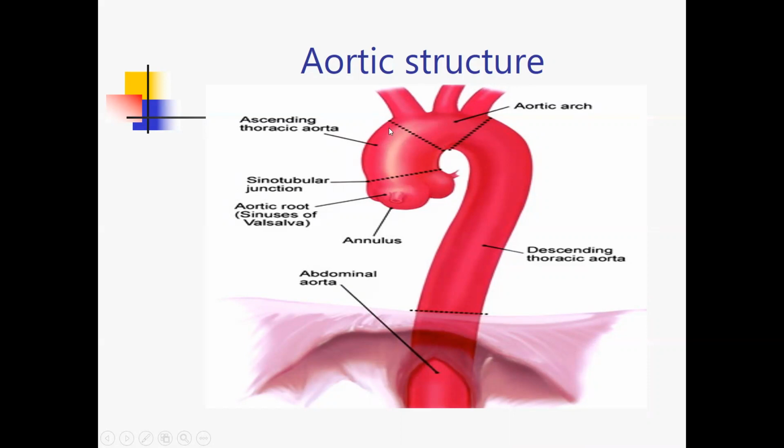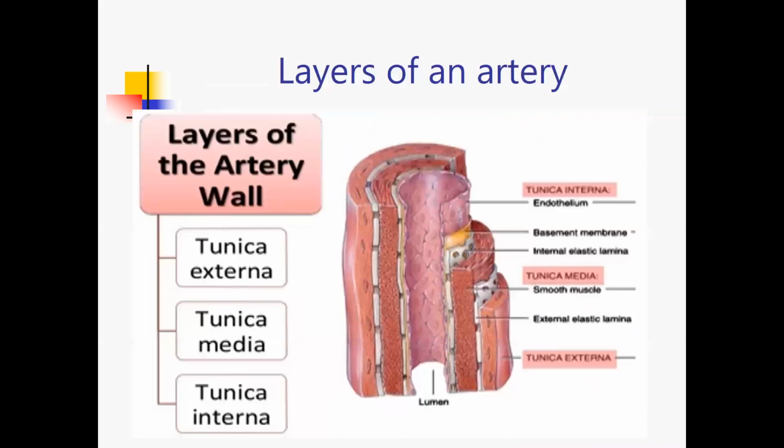Then you see this part, called the ascending aorta, going up, then the aortic arch, and then the descending thoracic aorta. Those are important parts to remember, because this is where you can see any part of a thoracic aneurysm. We'll talk about aneurysms shortly.